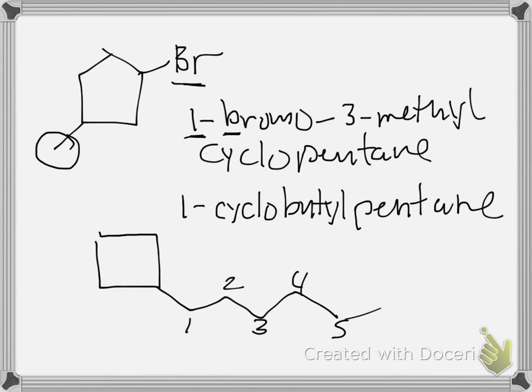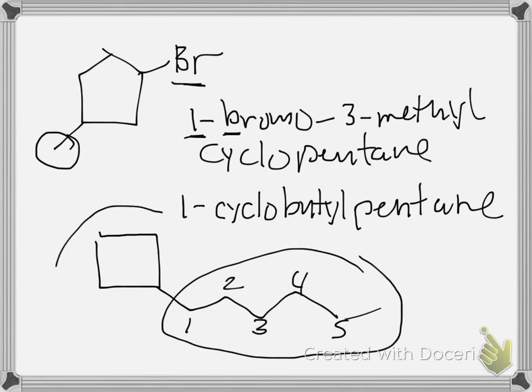Once again, if the parent chain is longer than the ring, then the parent chain is named and the ring is the substituent. So the same general rules you learned for acyclic alkanes still apply.